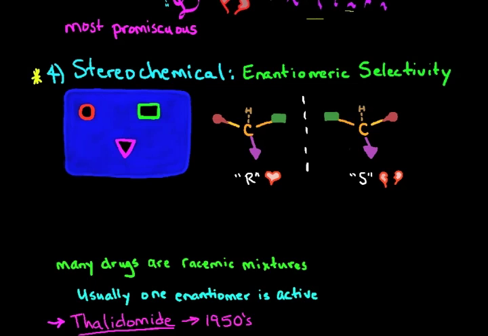So hopefully you can see here that if we had this R form of a substrate that was going to try to bind to this active site and match up the red circle with the red ball, the red rectangle with the red rectangle, and the pink triangle here, then this R substrate would bind very nicely in this active site, because the positions of those residues that are going to interact favorably with this substrate are positioned in that active site in exactly the right place for this enantiomeric substrate, this R form, to bind into that active site and then be converted to product.